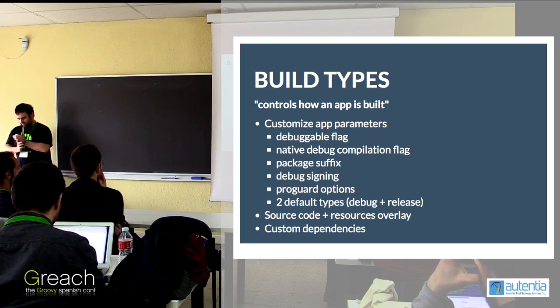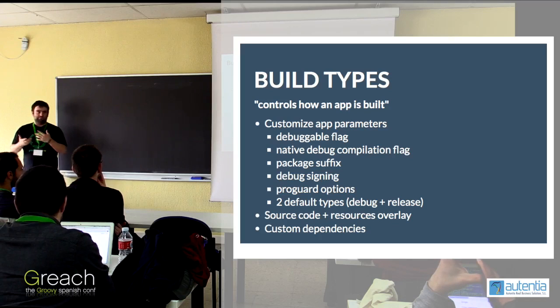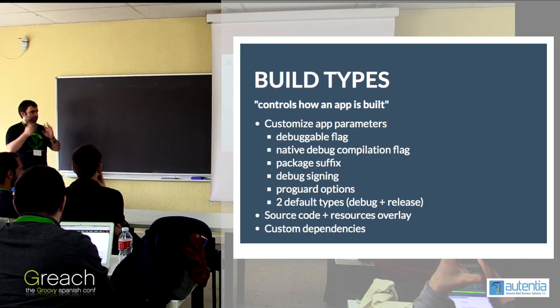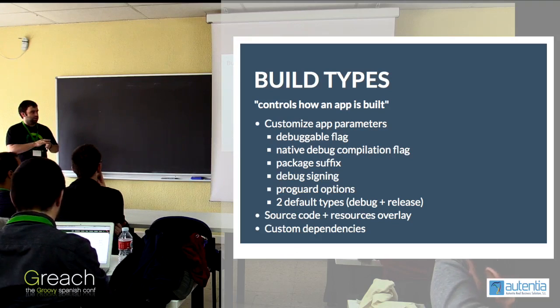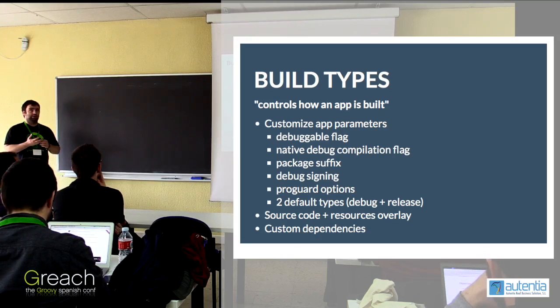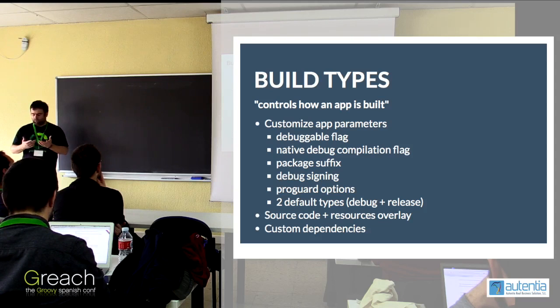You might have different tasks you want to wire in, like deploying it somewhere in a specific location, or there are third-party plugins like Crashlytics where you can upload your release APK and all that kind of stuff. Or things like signing, quite popular.